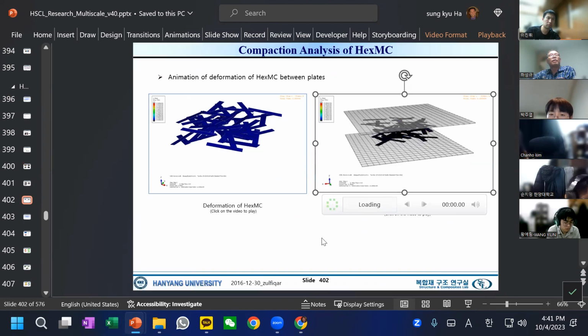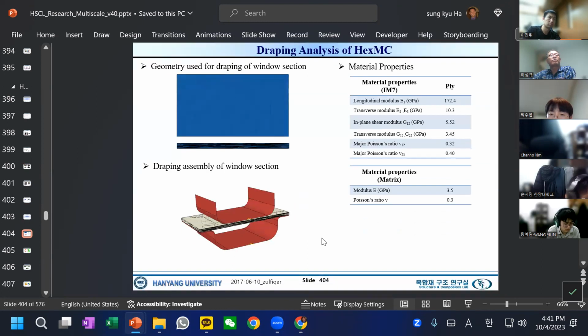So this is a very random behavior, but we can imagine, we can simulate how this can be. Like this one is the random short chopped prepreg, randomized, and then we throw it into a mold. But here we have a resin already there.